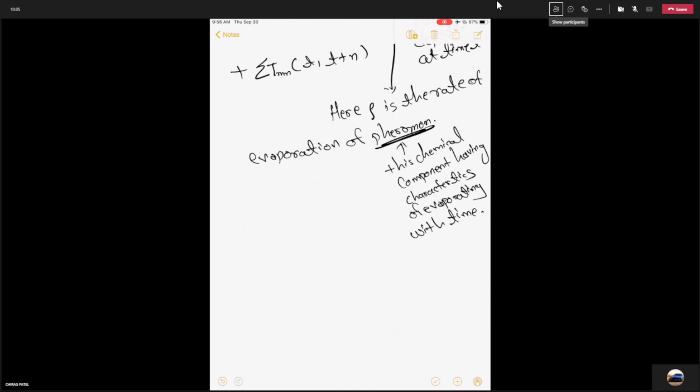So please understand that in principle, in whatever nature-inspired algorithm, the chemical evaporates with time, right? The same thing we need to implement in our algorithm also.